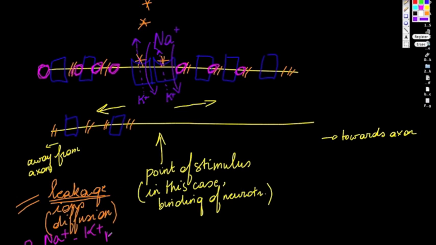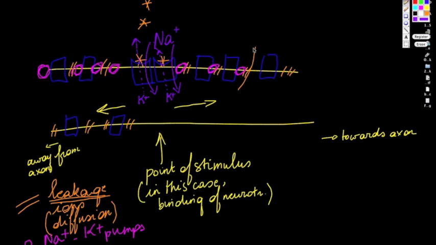Okay, so where does that lead us then? Well, first of all, as our graded potential starts to migrate away from its point of origin by the positive and negative ions trading places both on the inside of our cell membrane and on the outside of our cell membrane in both directions, away from the axon and towards the axon, at the same time we see that plenty of ions are going to be leaking through the leakage channels.